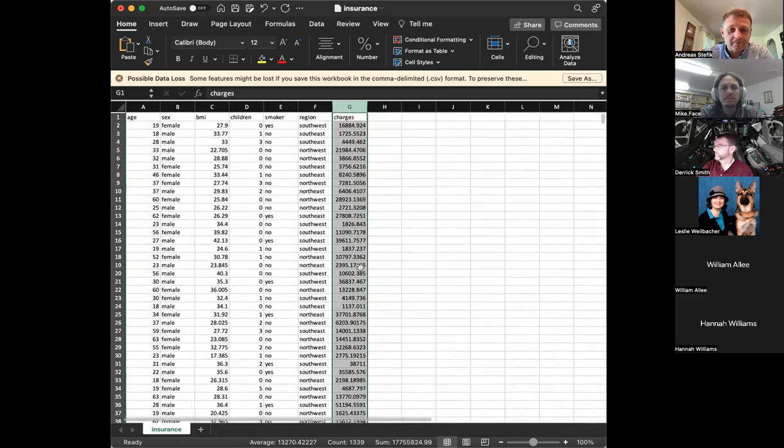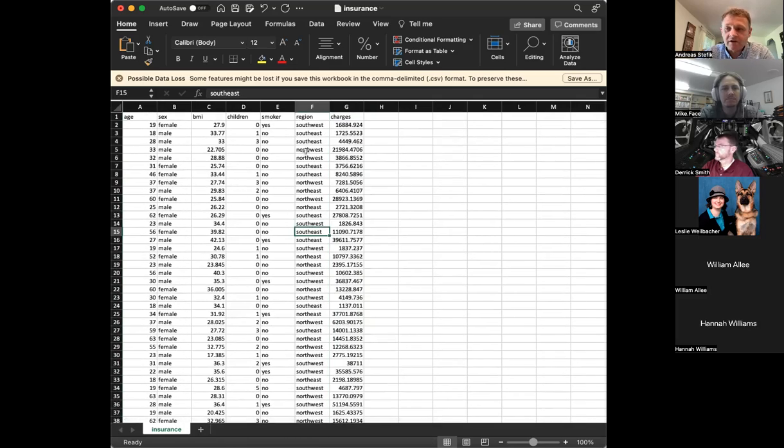Some arbitrary number. But then you've got other variables like region. These aren't really quantitative. They're more categories of things. Right? Southwest, Southeast.